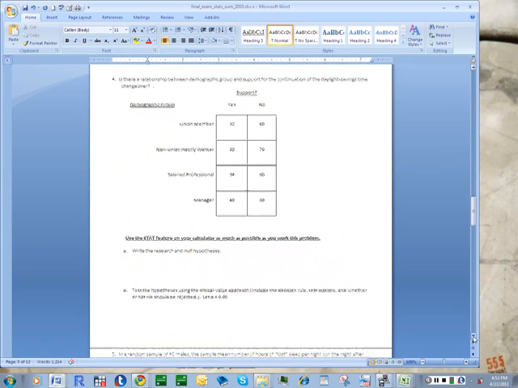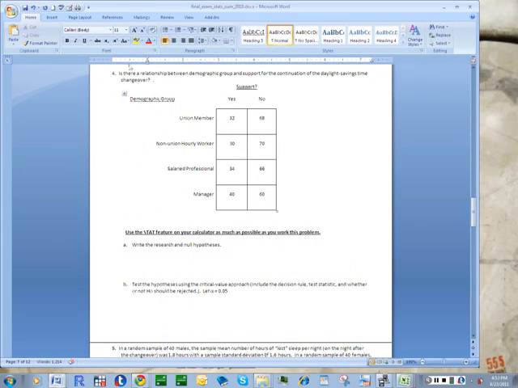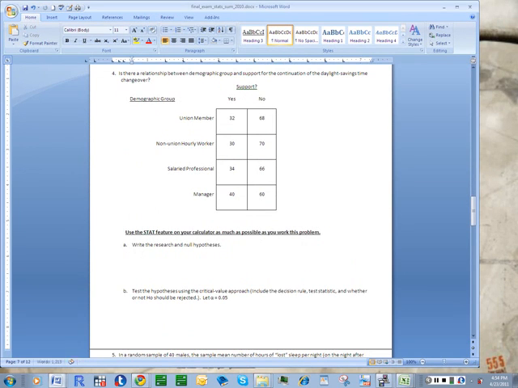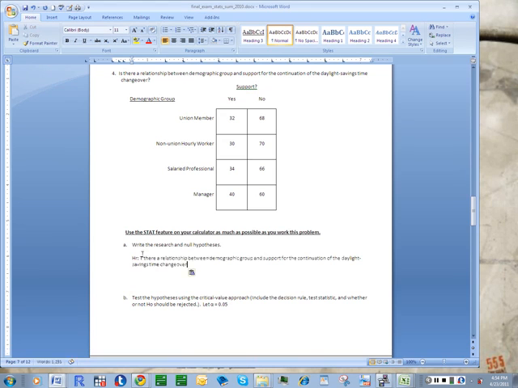Okay, this one is a chi-square. And so the research hypothesis is that there is a relationship between demographic group and support for the continuation of the daylight savings changeover, or fiasco, if you're in my corner on this.